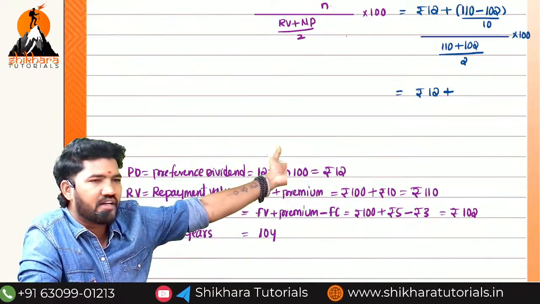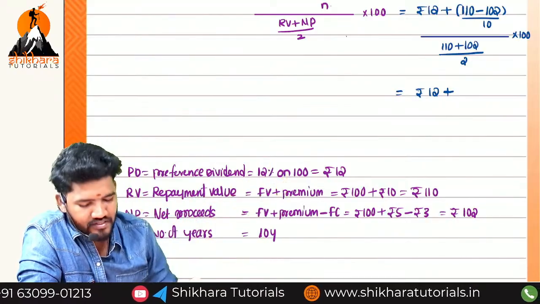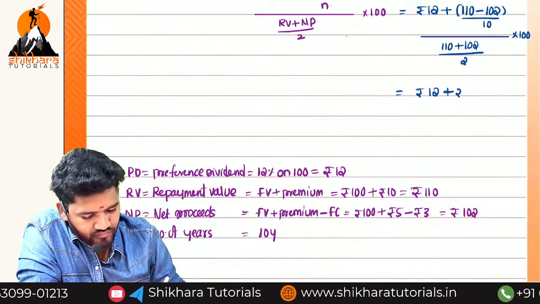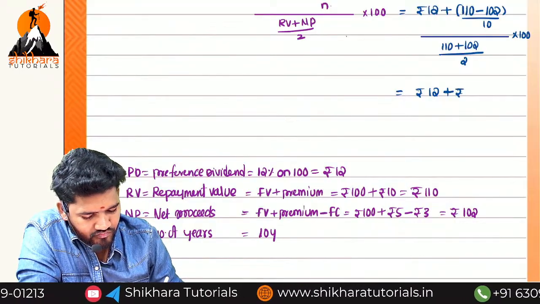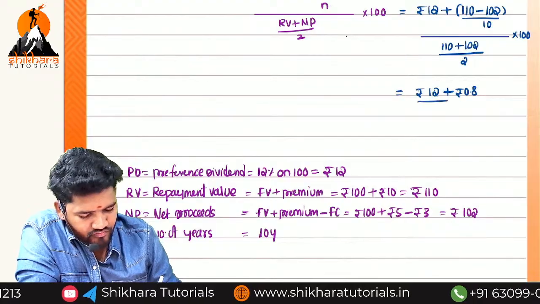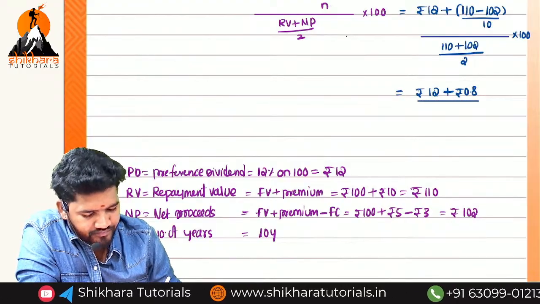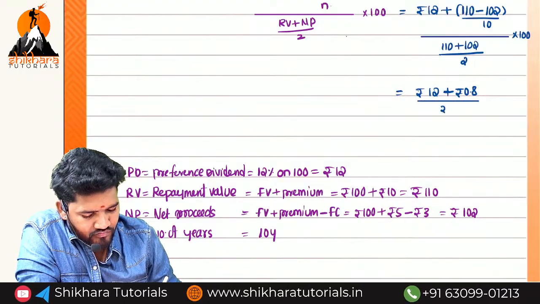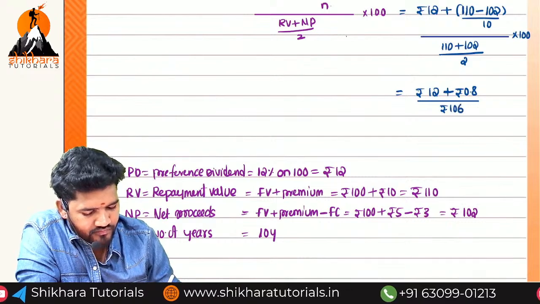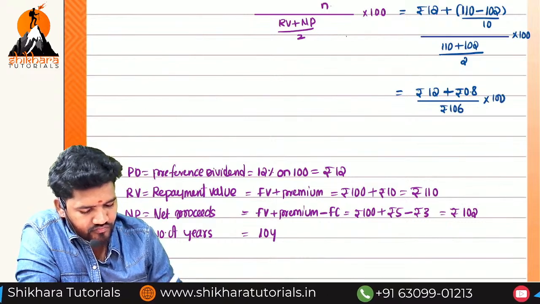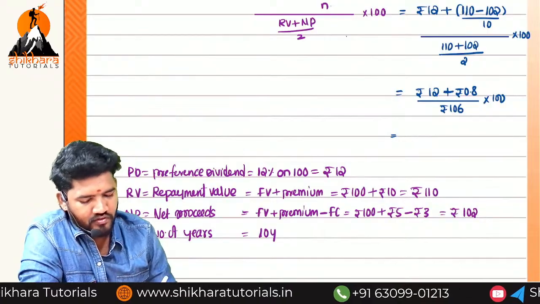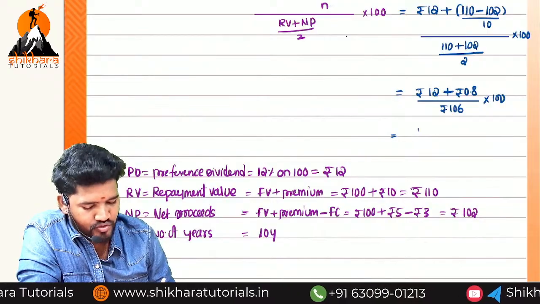Before that, what symbol is there? Plus only is there. Plus. What about the average? 12 point.